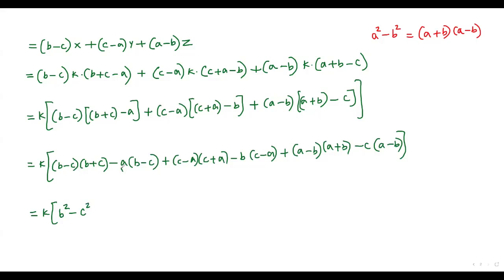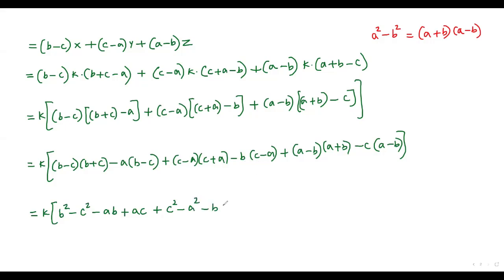And also we can distribute this negative a to this b and negative c. Then I'm getting negative ab. Negative a times negative c will be positive ac. And here the same thing. We have the product of two binomials, c negative a, c positive a. As I explained over here in this identity, the product of these two binomials can be written as the difference of two squares, that is c square negative a square, and we can distribute this negative b to this c and negative a.